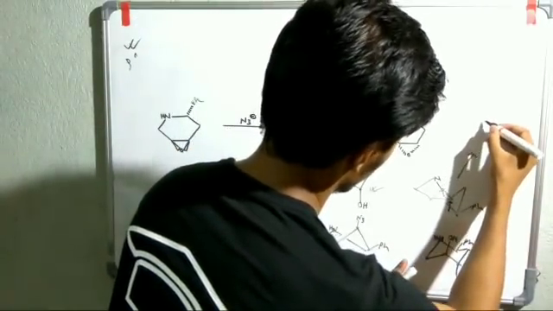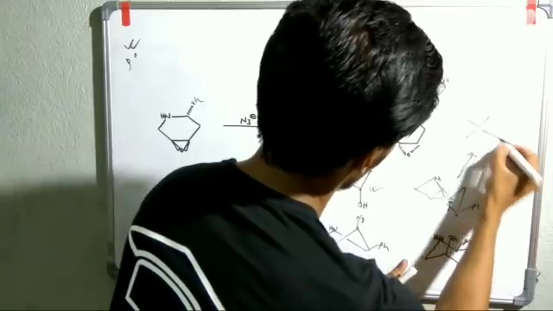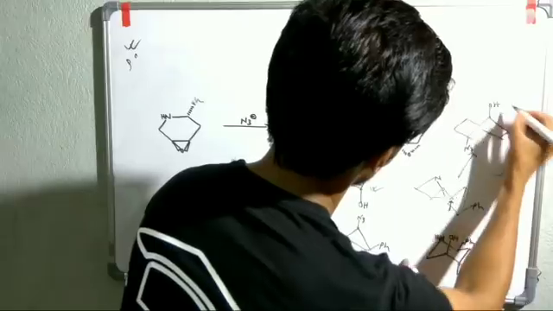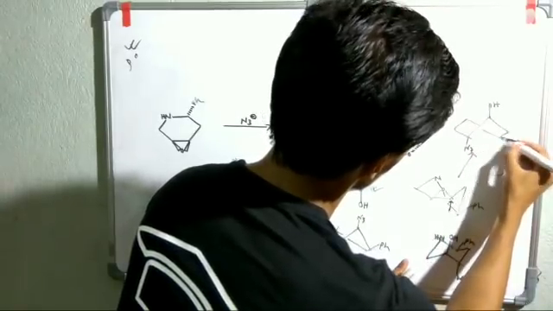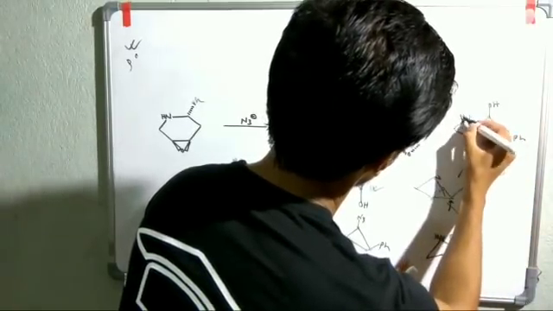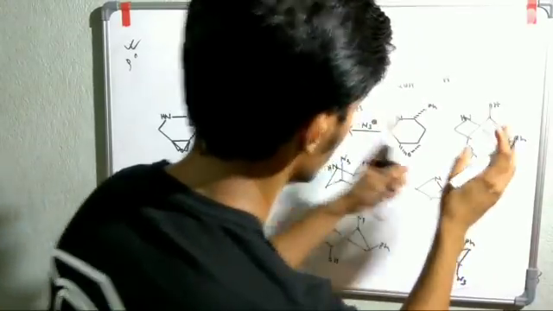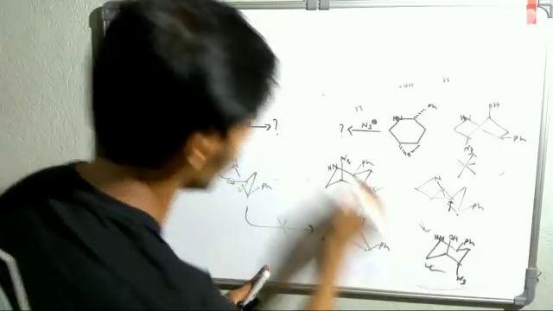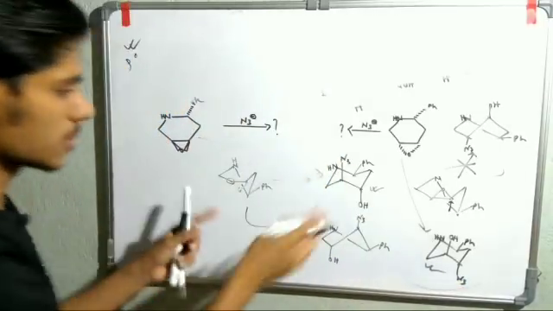Whereas if the attack takes place on the other carbon atom, like this N3, and here you have OH, then you would get the boat-like transition state and boat-like product. So that will not be the case. So in this particular case you will get this product, and in this particular case you will get this product.